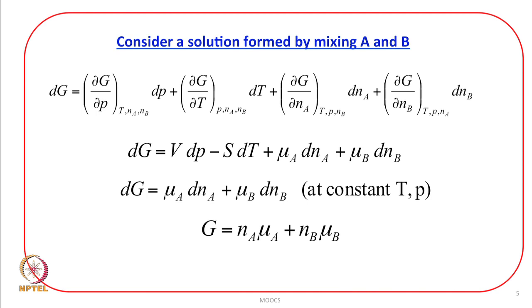So, please remember that if I have the information on chemical potentials of A and B, and the number of moles of A and B, I can calculate the value of Gibbs free energy.